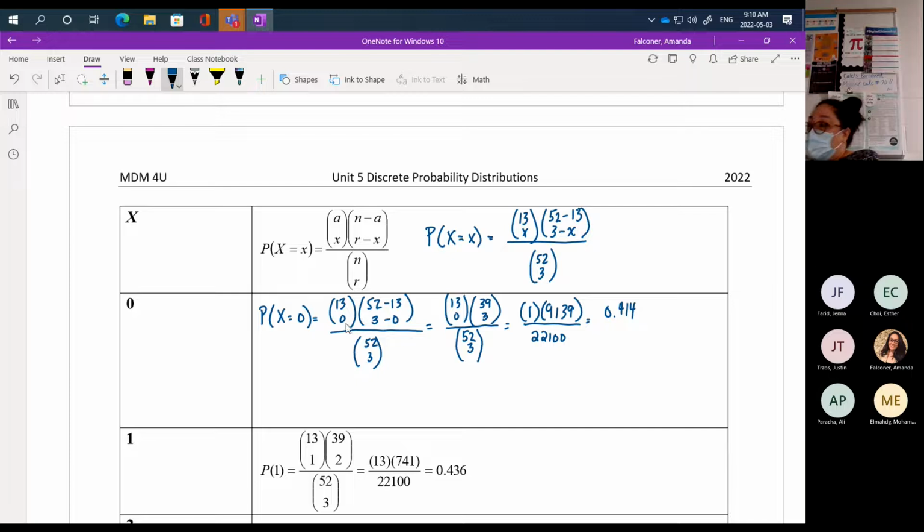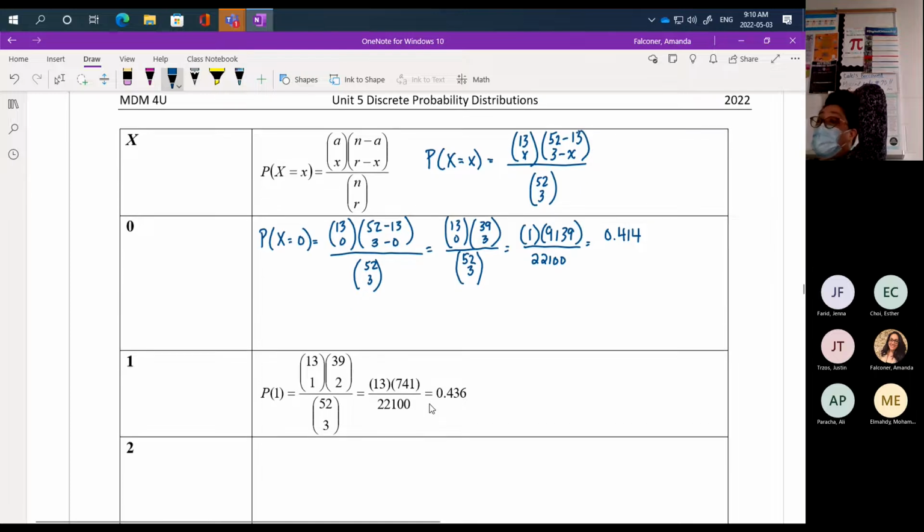Okay, so in terms of just having this probability distribution, I don't need therefore statements. I'm just putting my little answers within the table. So there's a 41% chance of getting no spades when 3 cards are dealt out.